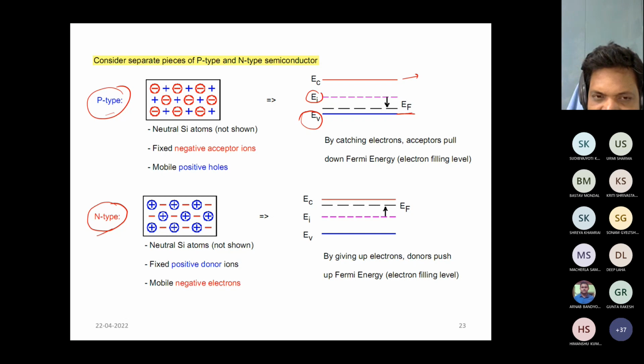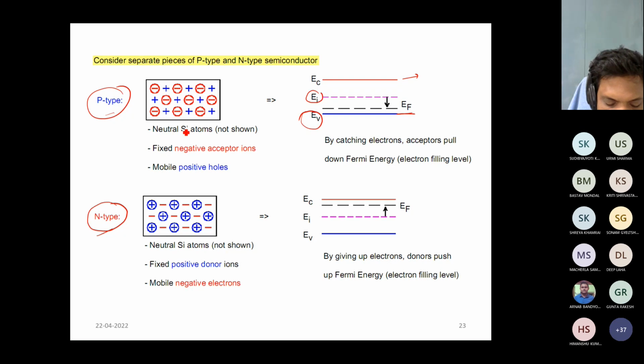Here we have defined two carriers, electrons and holes. Electrons are negative carriers, available in a semiconductor in two ways. One is electron-hole pair generation due to the breaking of covalent bonding. Another is due to the addition of extrinsic atoms, which provide loosely bound electrons, or have the capability to accept electrons.